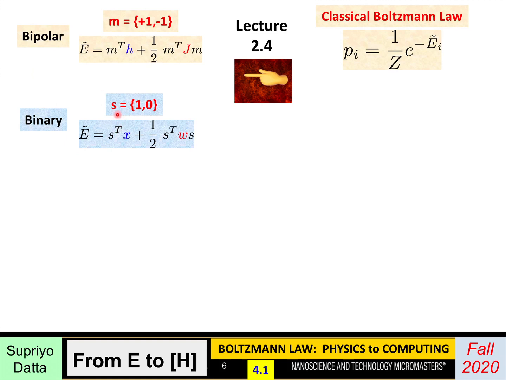Here the spin has the two values 1 and 0, whereas here it has the values +1 and -1. For the purposes of making this transformation to the quantum Boltzmann law, the bipolar one is more convenient. It corresponds more directly. Okay, so this is where we'll start.